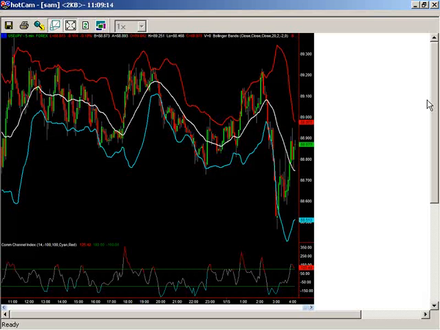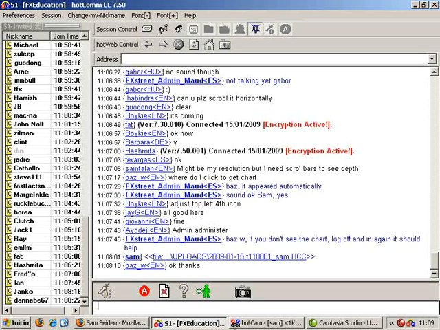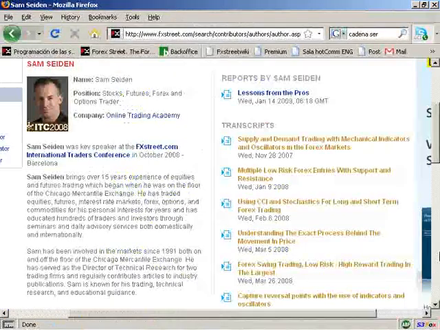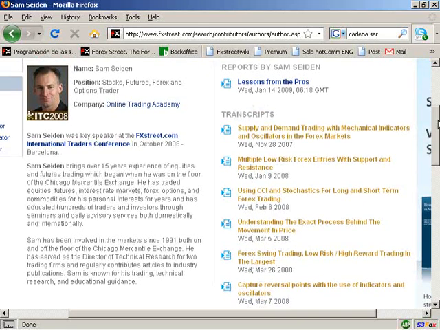One of the things that's very important to understand is that a lot of people will use indicators and oscillators, and a lot of people run into trouble with that.